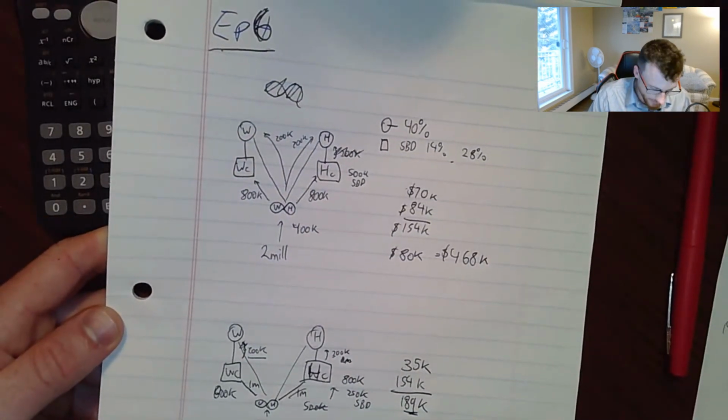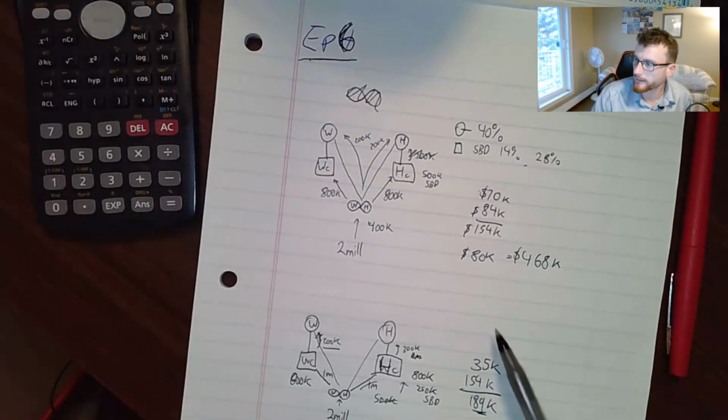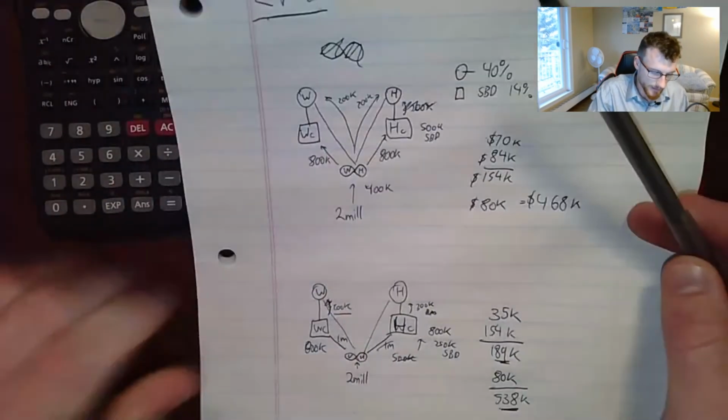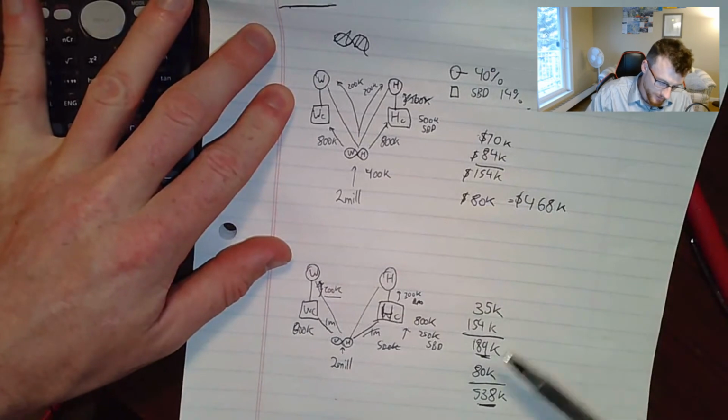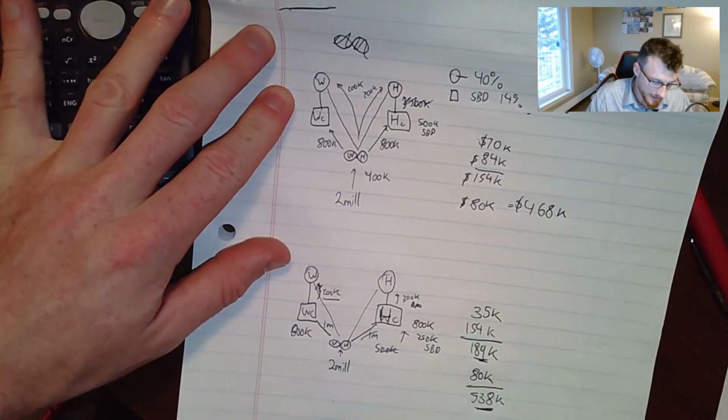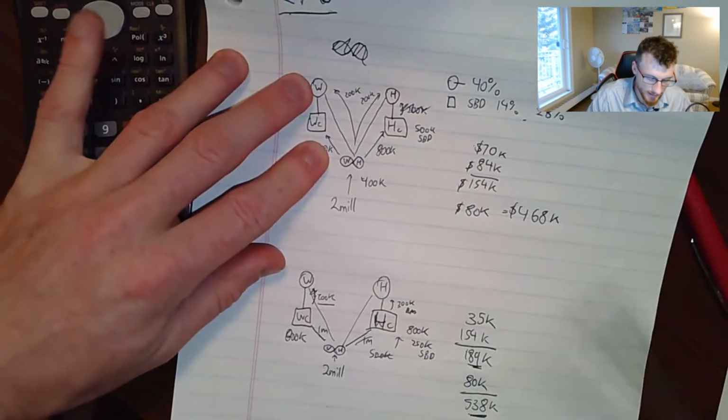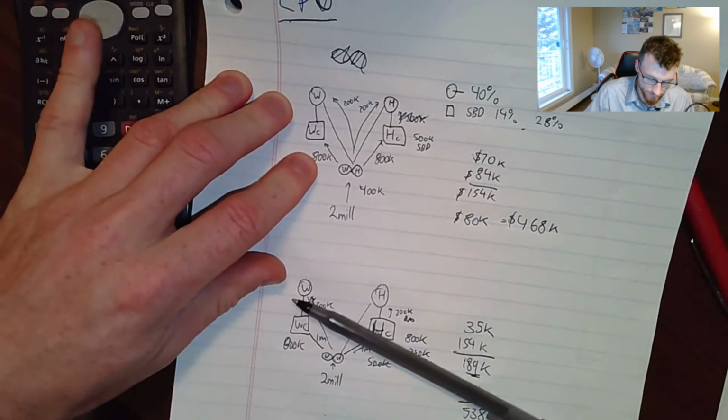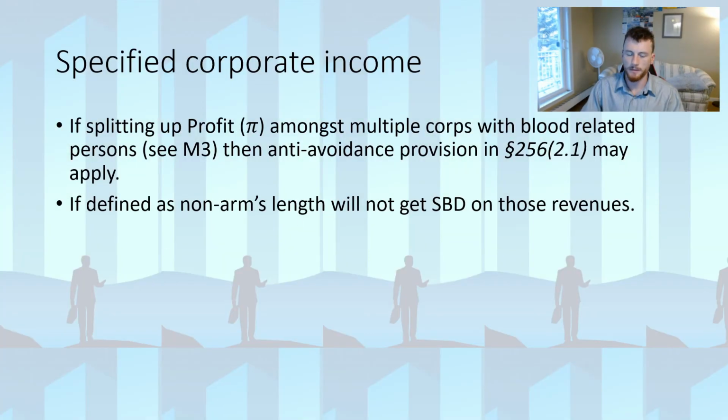So as you can see here, it doesn't really matter. They have incorporated an anti-avoidance provision, so the benefits of creating an elaborate scheme have been avoided. Okay, let's look at specified corporate income.